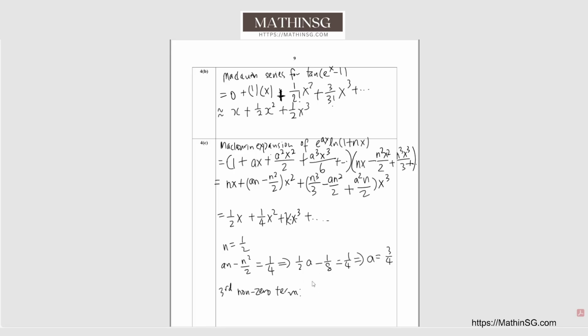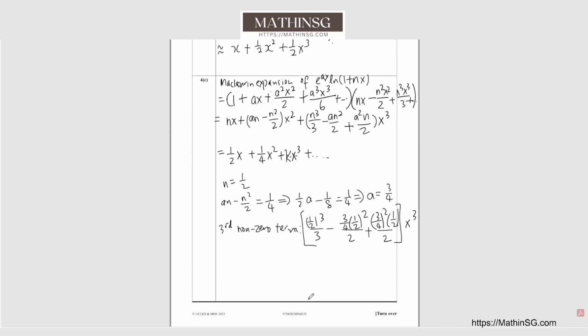So n is half, so it's half cubed over 3 minus 3/4 times half squared over 2 plus a, which is 3/4, squared, times half over 2, x cubed. I'm going to type this whole thing into the calculator, and it will give me 17 over 192 x cubed. So the third non-zero term is 17 over 192 x cubed.